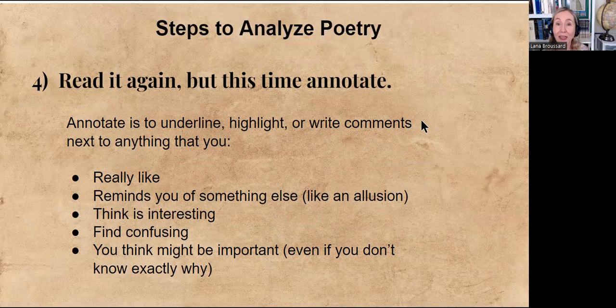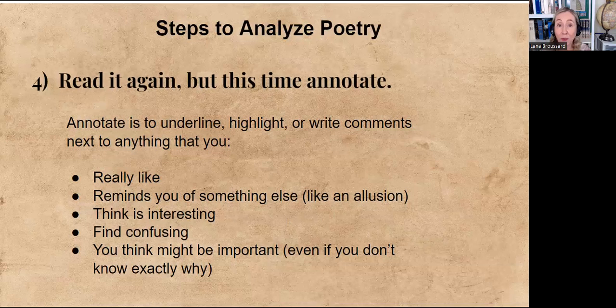Now, after you read it once, read it again, but this time annotate. Now, if you recall, we have annotated some, and just to remind you, this is to underline, highlight, or write your own comments next to things.